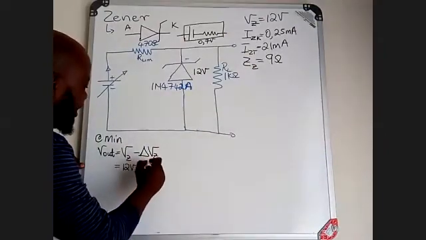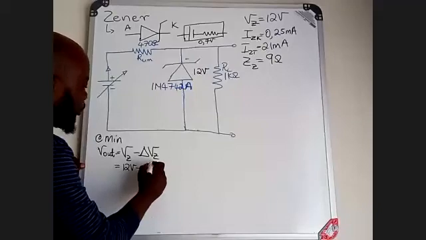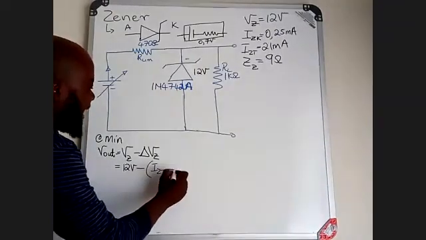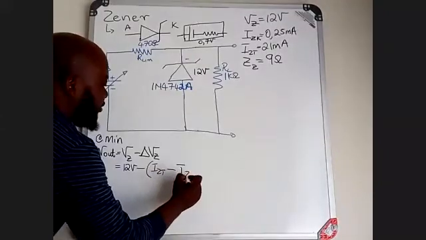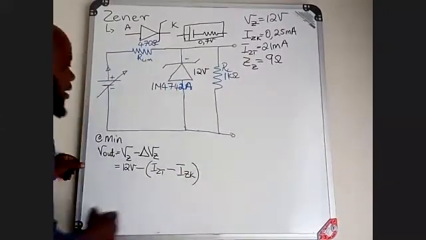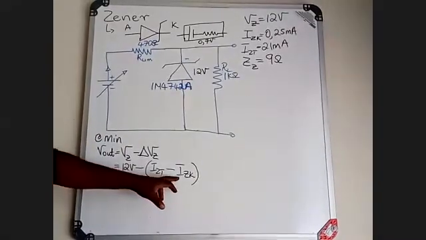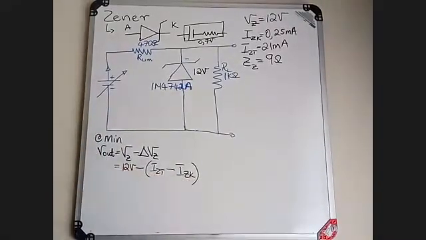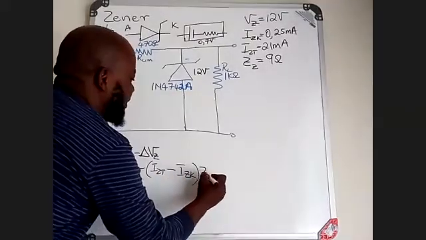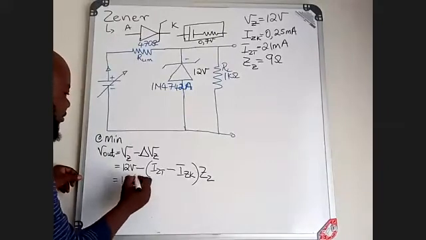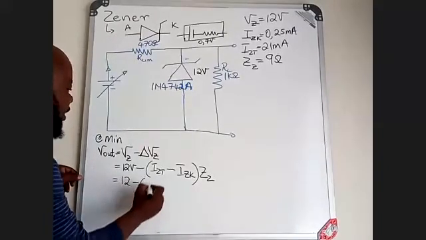It is your change in Zener, whereby it is going to be your I of ZT minus your I of ZK, multiplied by your ZZ, whereby it's going to be 12 minus, what is your ZT?